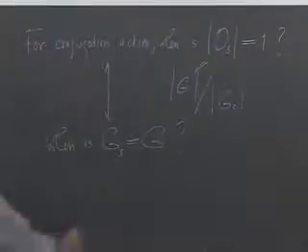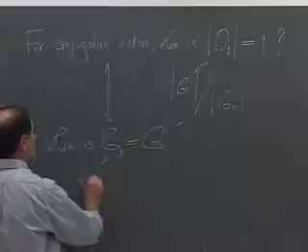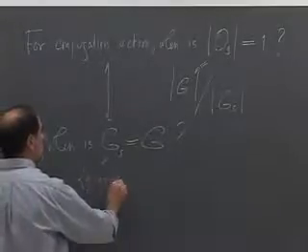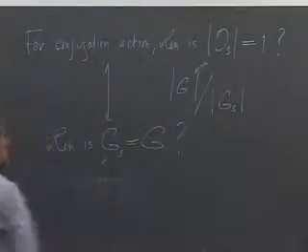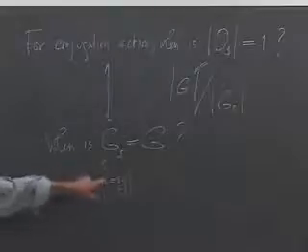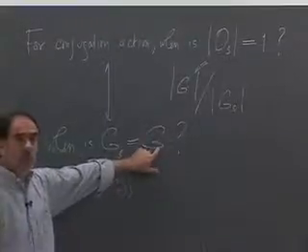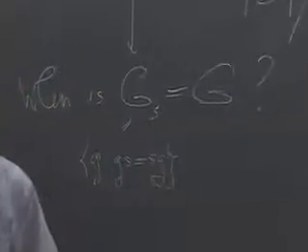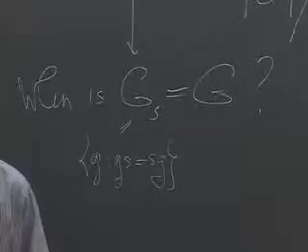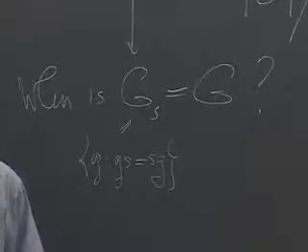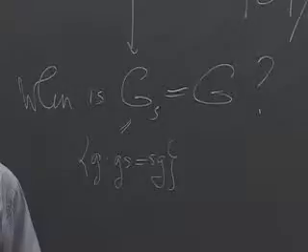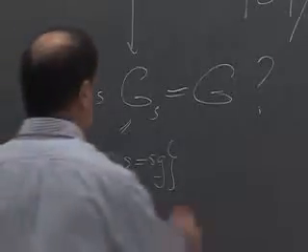Well, the centralizer we saw was the set of elements which commuted with S. Right? So the centralizer being the full group says that every element commutes with S, which means that S is in what we call the center of the group.